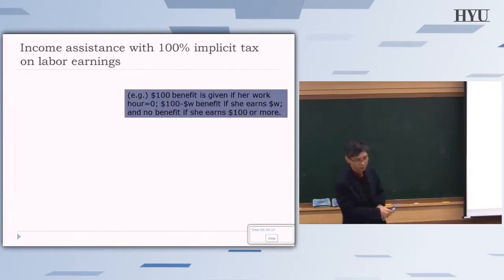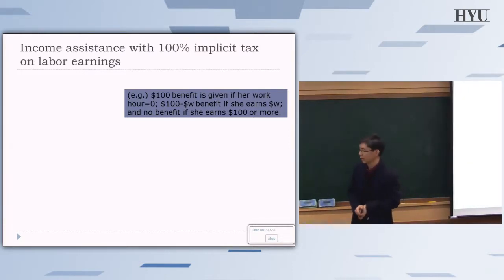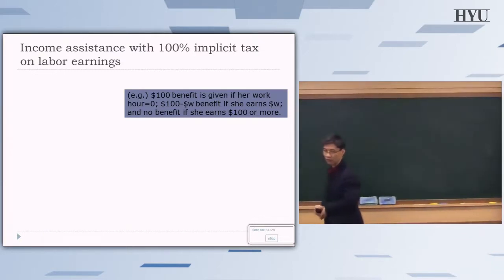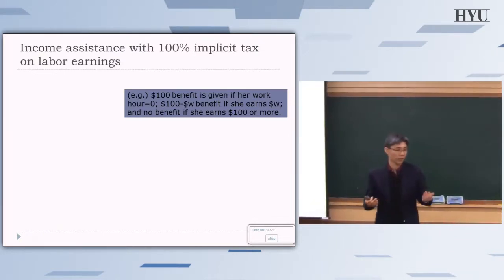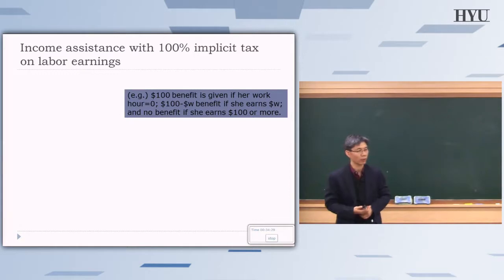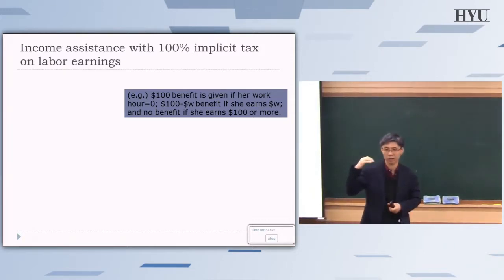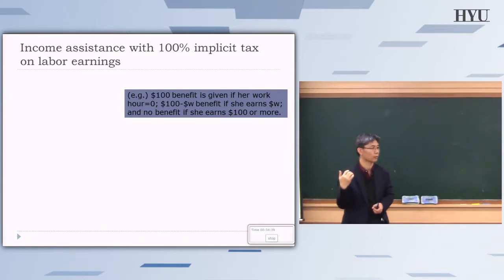Welfare benefits. Programs of welfare benefits can be quite complex. You can have a lot of rules. But at the very basic, the welfare program as a cash transfer program is simple. If you qualify, and generally it's for low-income people, let's say your income is low enough, then you get money from the government.